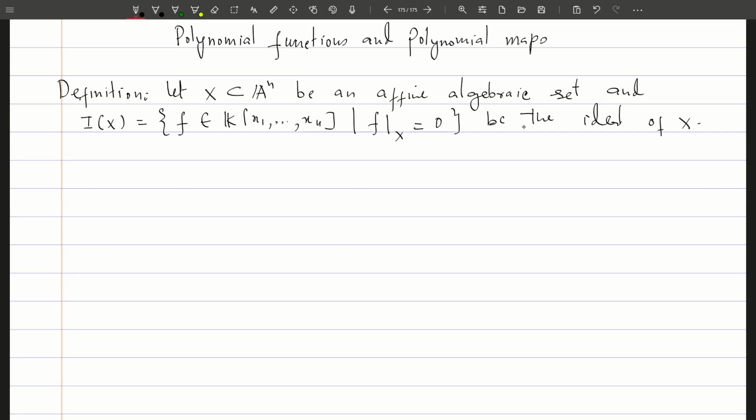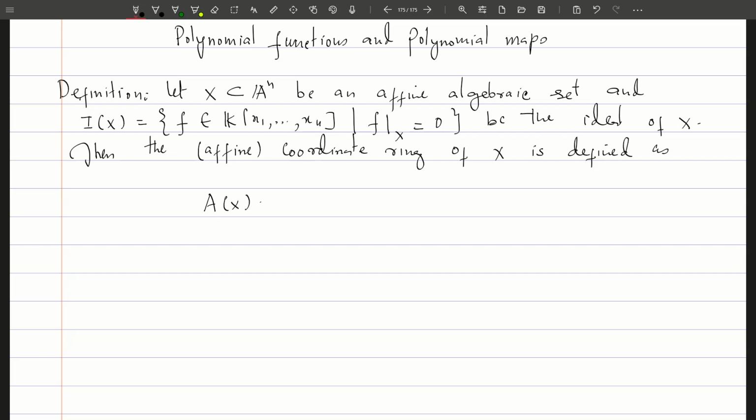Then the affine coordinate ring of X is defined as the quotient of the polynomial ring modulo the ideal of X. One can note here the coset of a polynomial, say capital F, in the polynomial ring in A(X).